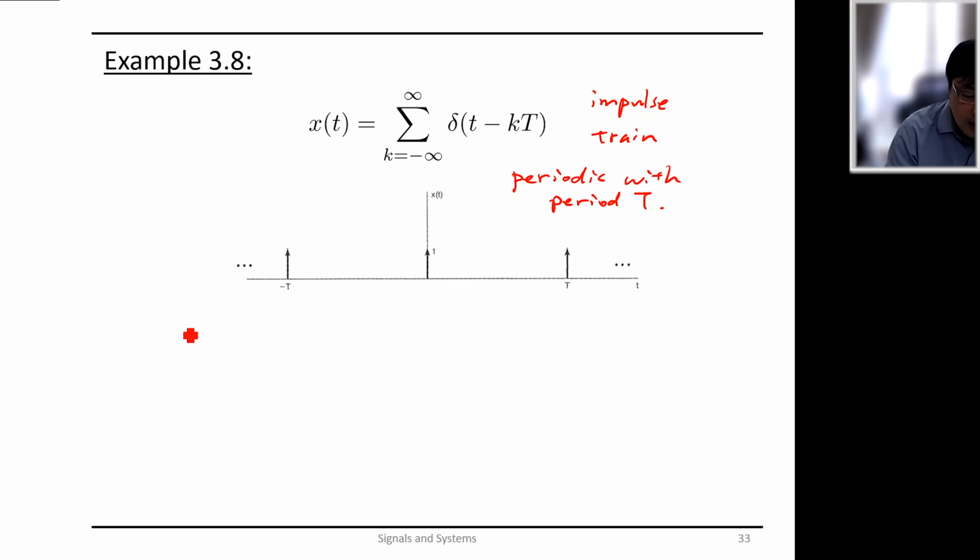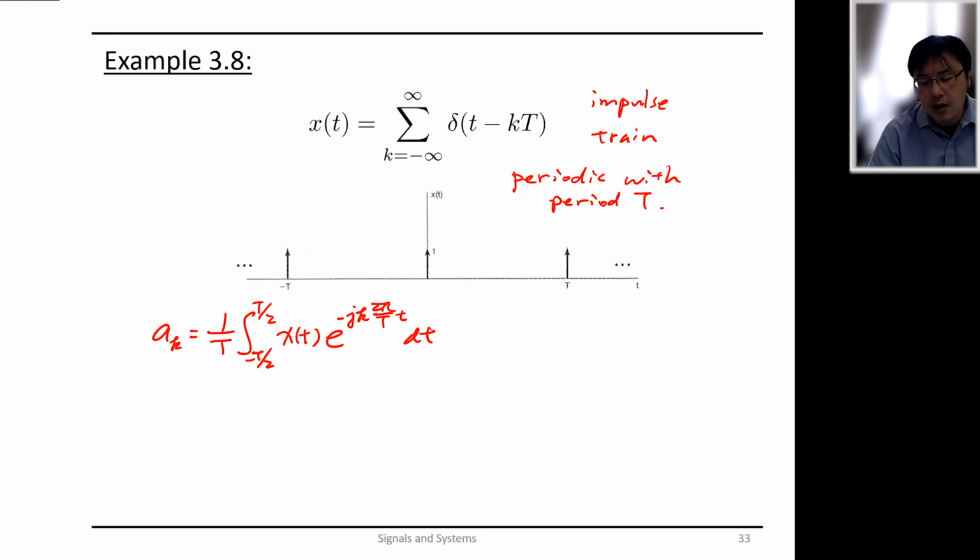And the coefficients ak you can obtain by 1 over T, the integral over one period, let's say we take minus T over 2 to T over 2, of x of t e to the minus jk 2 pi over capital T t dt.